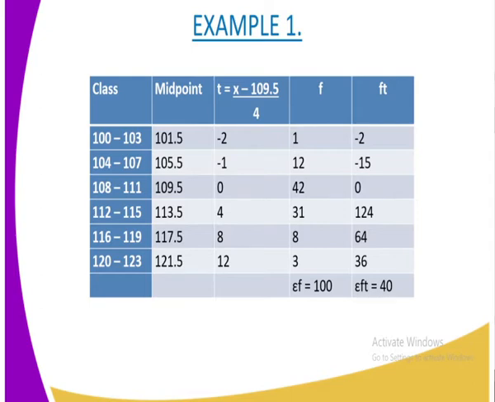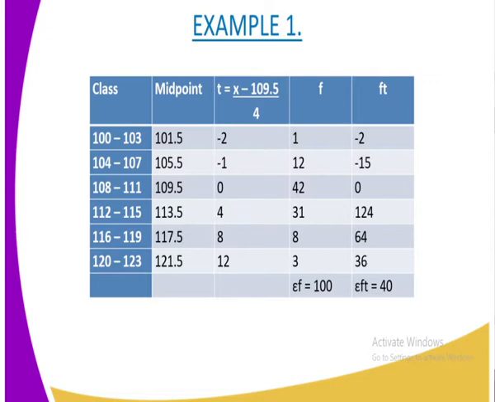There is something that you have to note: in our classes here, the class width, or the difference between 100 and 103, must be constant, or uniform. For example, from 100 to 103 we have 4 classes, that is 100, 101, 102 and 103. Sometimes students, you might get confused about the class width from 100 to 103.